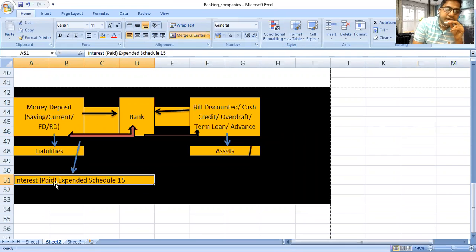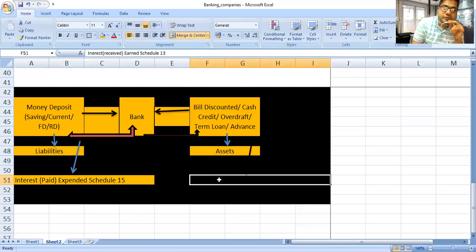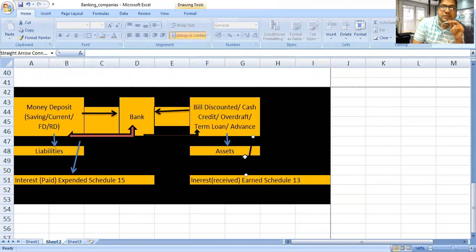It is called interest expended, under schedule number 15. And if I borrow a loan from the bank, the bank receives the interest. So it is called interest earned, schedule number 13.